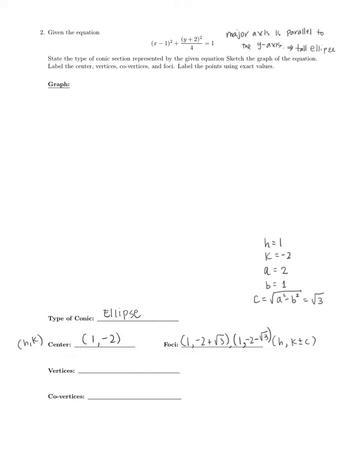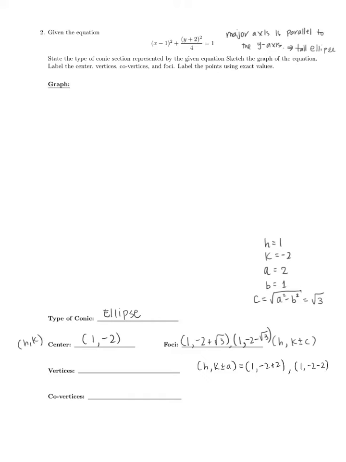Okay, now let's go with the vertices. Now the vertices are given by h comma k plus or minus a. So in this case, what do we got? 1 comma negative 2 plus 2, and then 1 comma negative 2 minus 2.